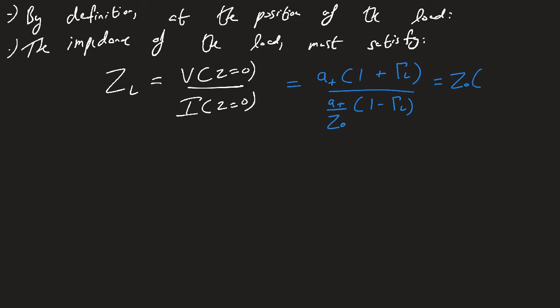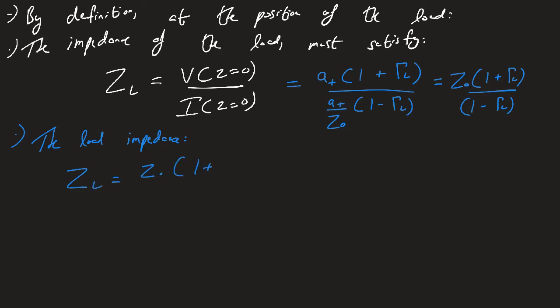So this becomes equal to Z naught times 1 plus gamma L over 1 minus gamma L. So the load impedance must satisfy ZL is equal to Z naught times 1 plus the reflection coefficient over 1 minus the reflection coefficient.